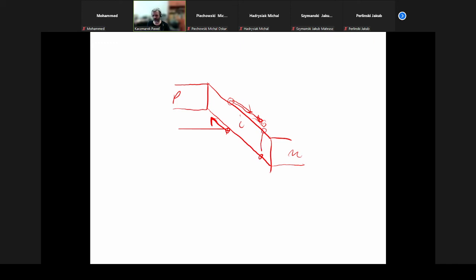It means the electron can hit one of the atoms of this semiconductor and create another electron-hole pair. So we will have creation of additional electricity carriers inside of such a structure.